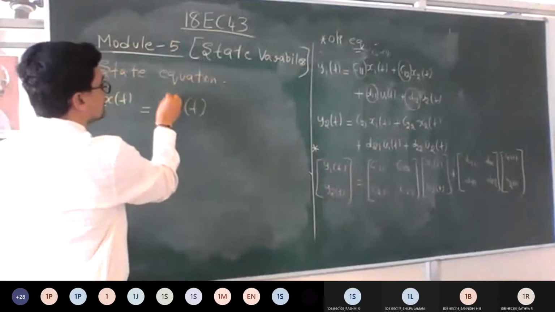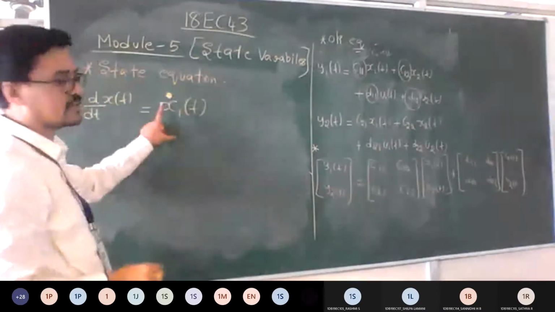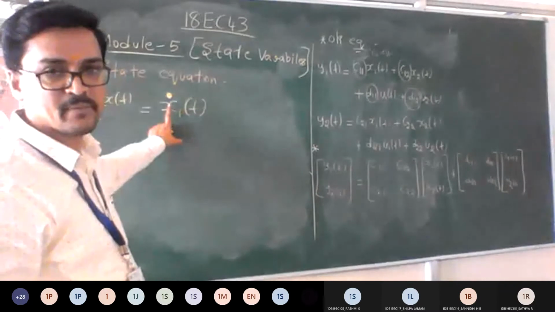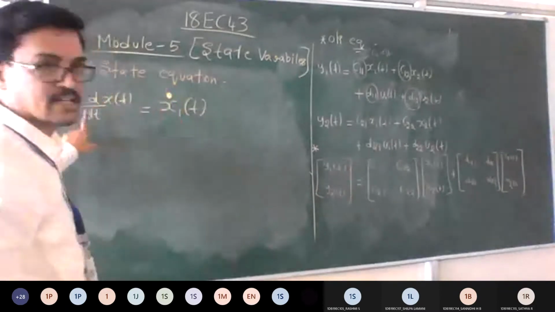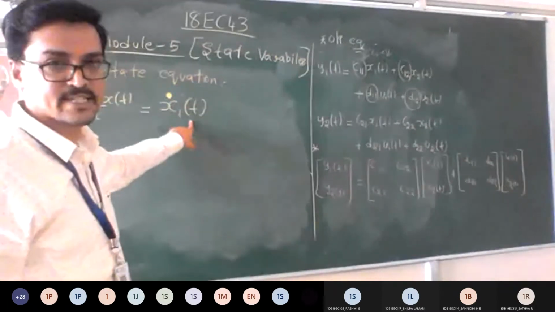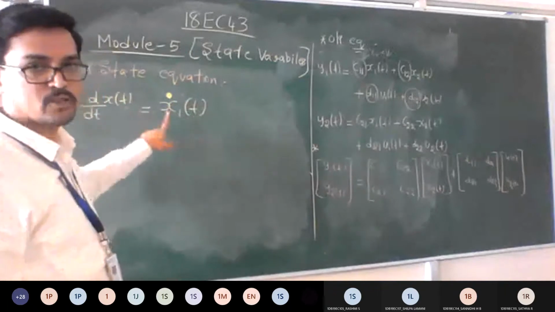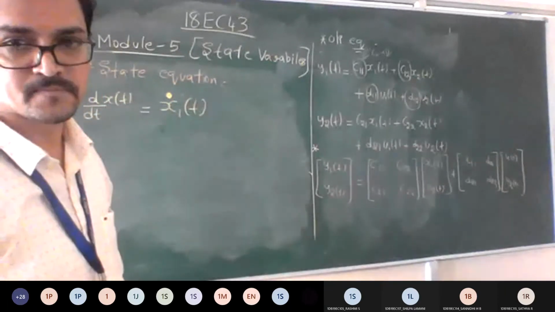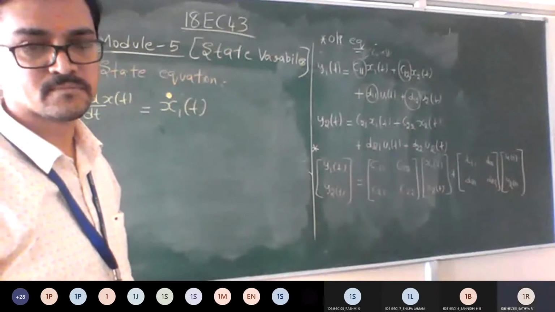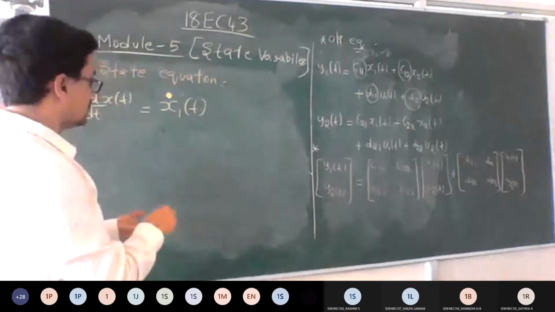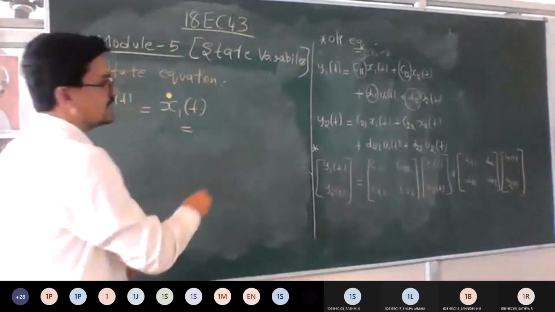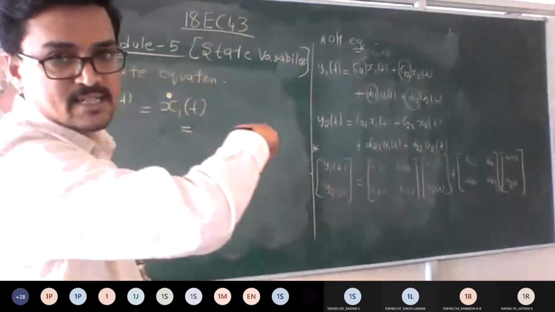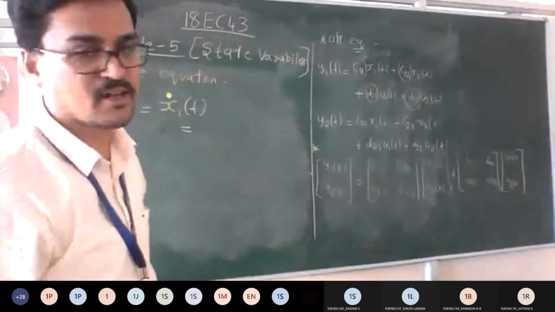If there is a dot on any variable, that indicates it's a differentiation. In the exam, you can see this or you can see this, both are equal. Am I clear?